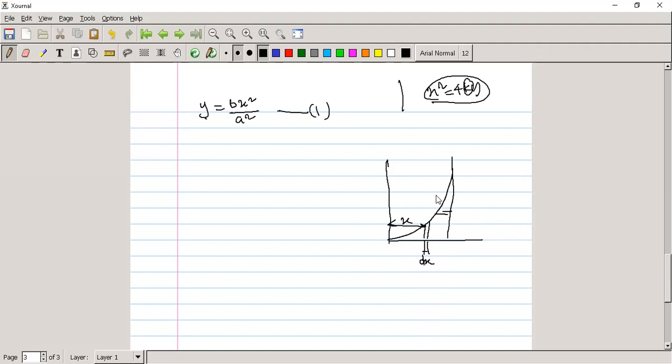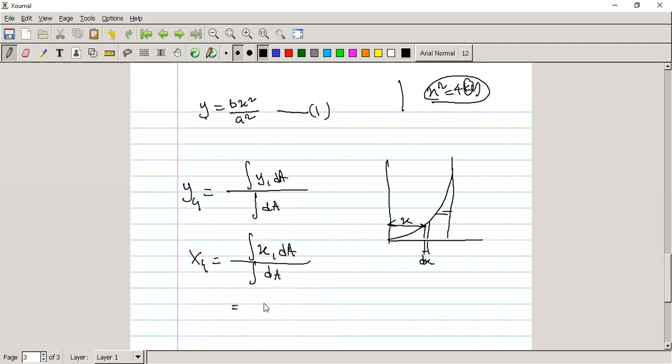So if you consider like that, then yg is integration of y1 dA by integration of dA, right? And xg is integration of x1 dA by integration of dA.